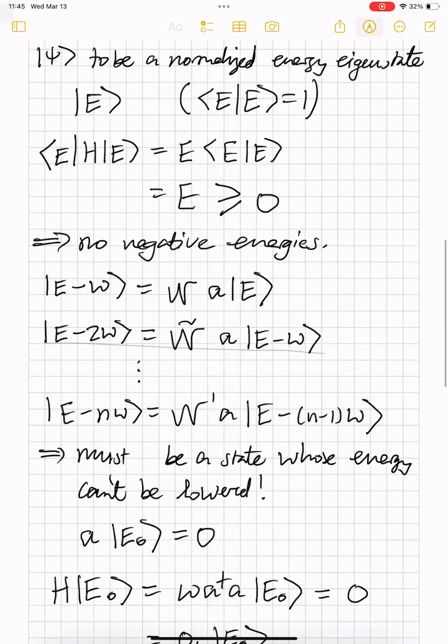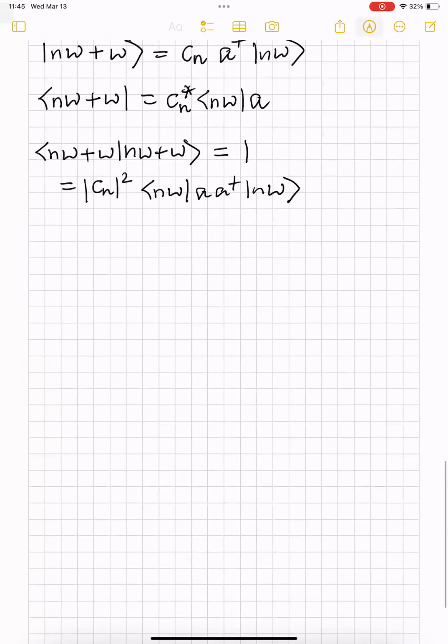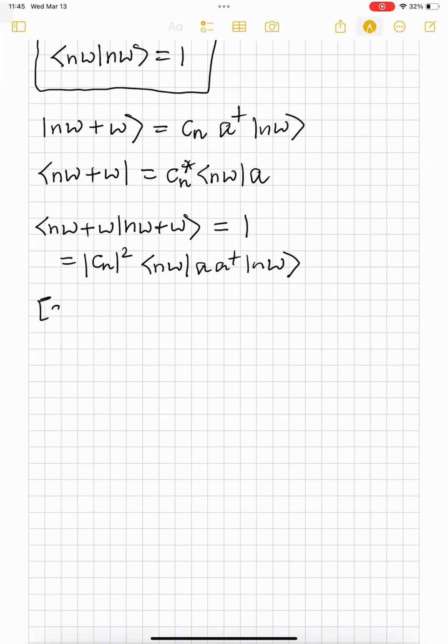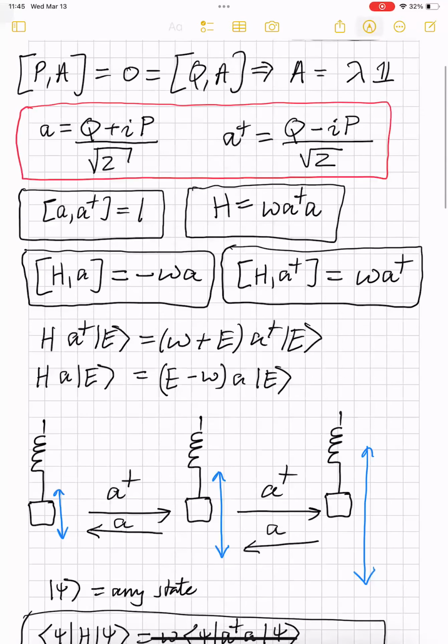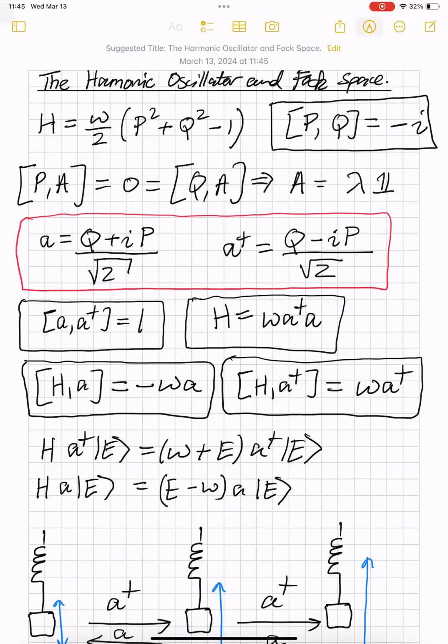So the commutator of A and A dagger is equal to 1, but this is just A A dagger minus A dagger A. So that means A A dagger is equal to 1 plus A dagger A. Now, why is this a useful formula? Well, A dagger A is nothing but the Hamiltonian divided by omega.